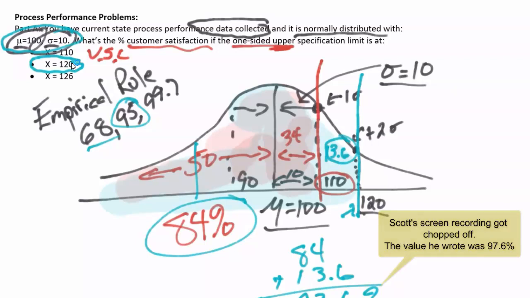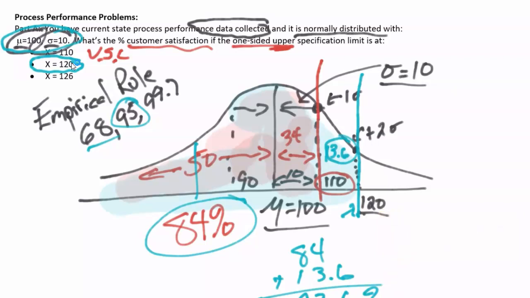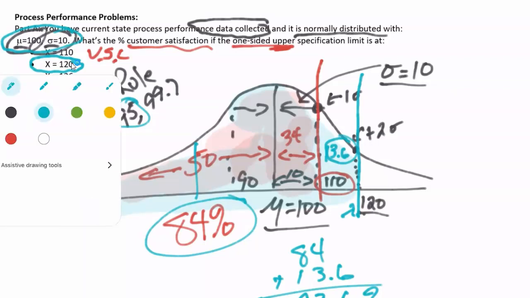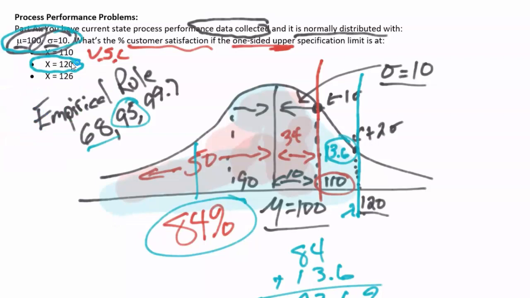Now, the last question is, what if the spec limit is at 126? So let's work through this in the same way that we've worked through the first two. Let's figure out where that line is. I know that if I go out one more standard deviation and go out to the +3 standard deviation line, that'll be at 130.